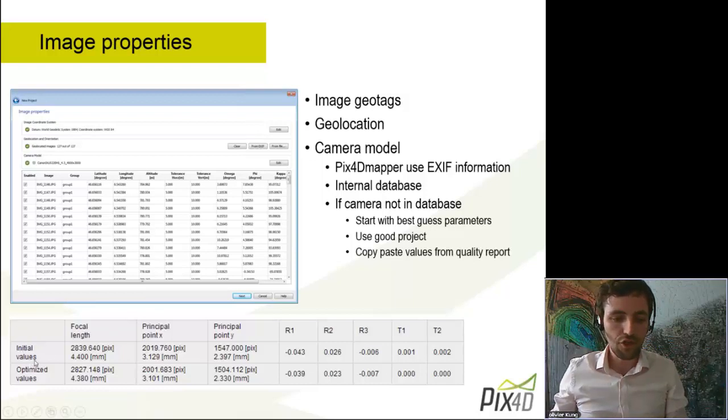This table will give you the initial values, that's the values of the camera which you have set either manually or that were extracted automatically from the EXIF information, and you will get the optimized values, which are the values that the software has computed from your imagery. If the result looks good, then you can be quite confident that replacing the values in the database, which are just there, with these new values is going to give you a more robust and potentially more accurate calibration in the future.